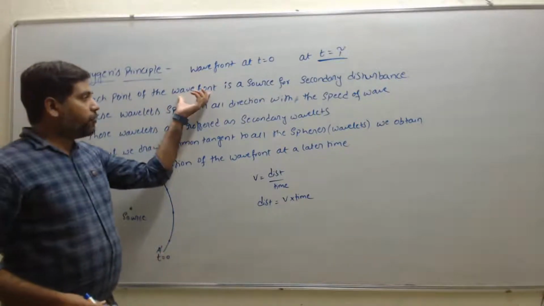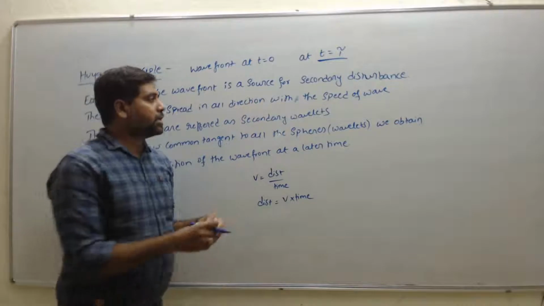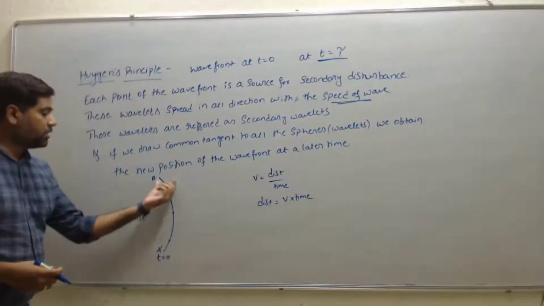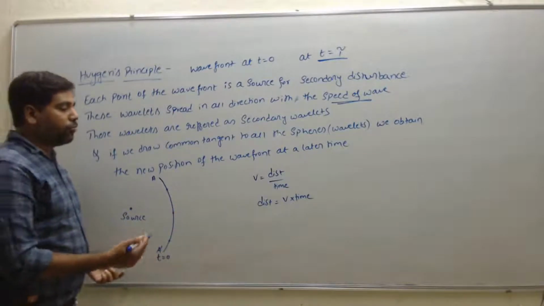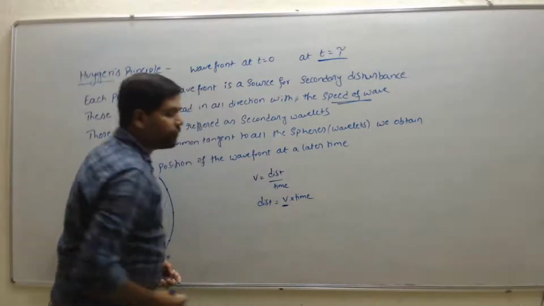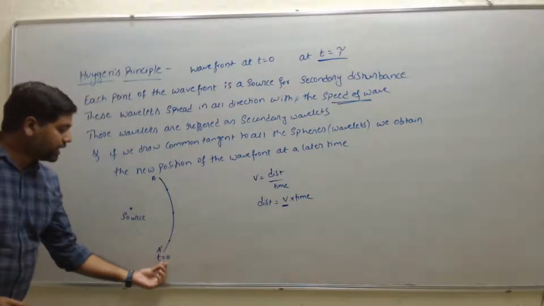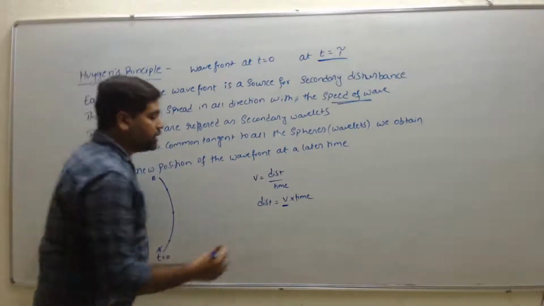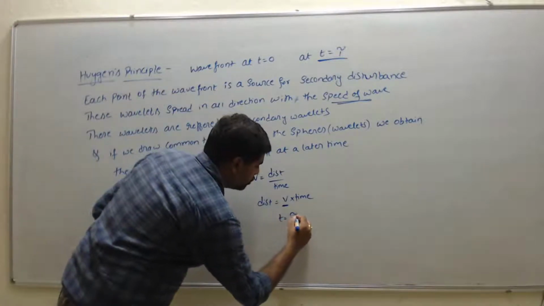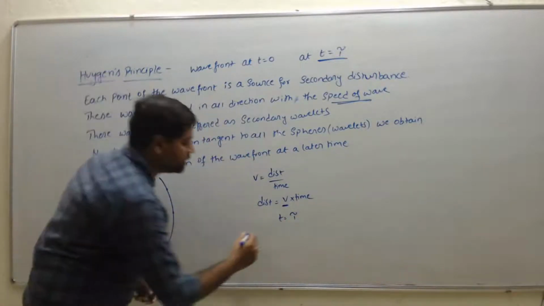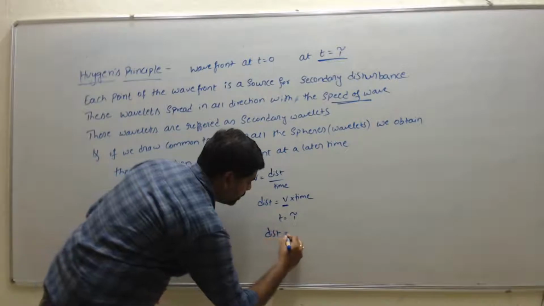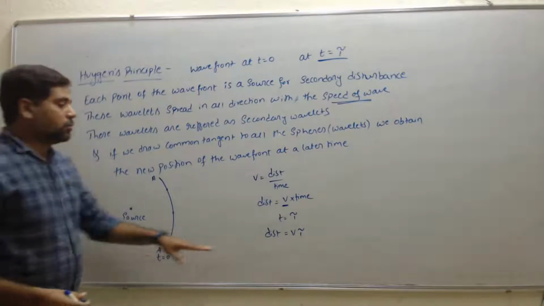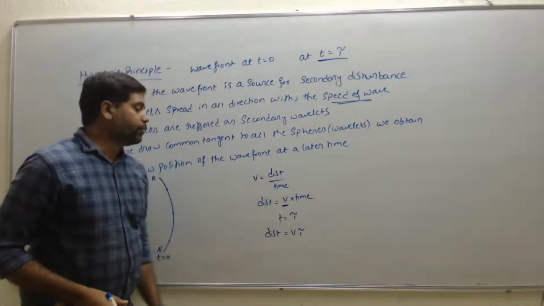This wavefront travels in all directions with the speed of the wave. If we take the wavefront speed as v, and initially the time is 0, we have to find the position when time t equals tau. Then the distance is equals to v into tau. So tau is this small time.